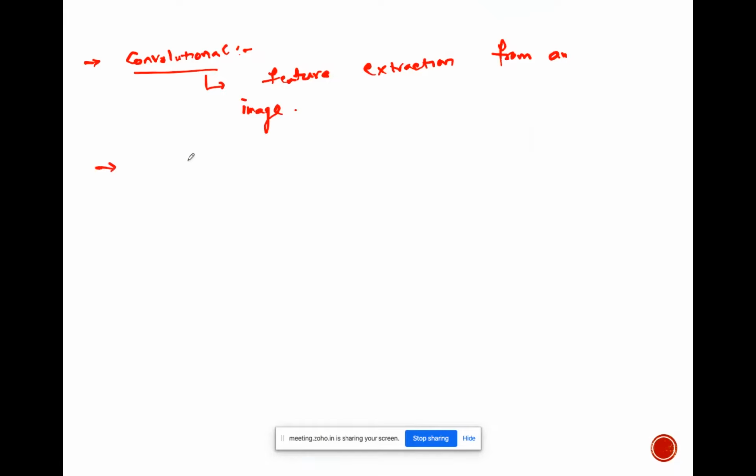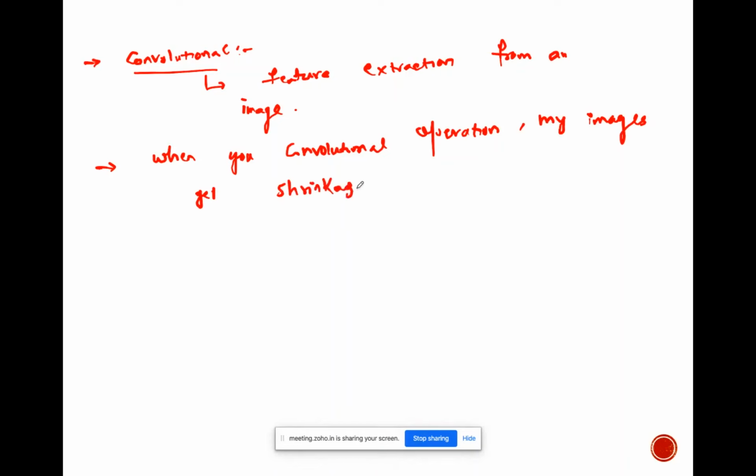When you do the convolutional operation, my image gets shrinkage, or there is a data loss. What are we using? Padding.